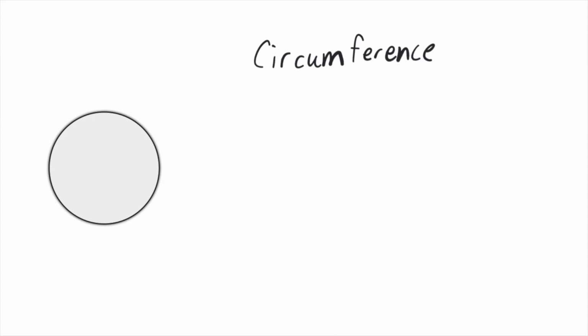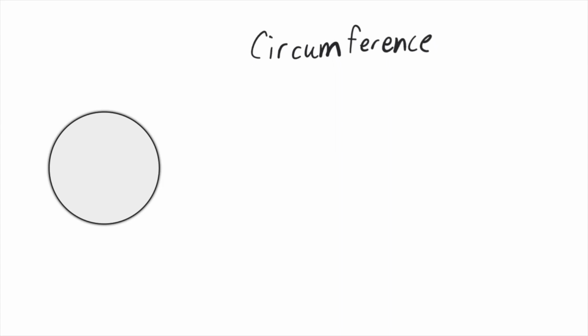Now, the circumference actually involves two very important things, and one of them is a new symbol. You may have seen it before, but it is actually that symbol there, and that is the symbol for pi. This value, this symbol here, is actually a number that you may have heard will go on forever without repeating and without ever stopping or cancelling out.